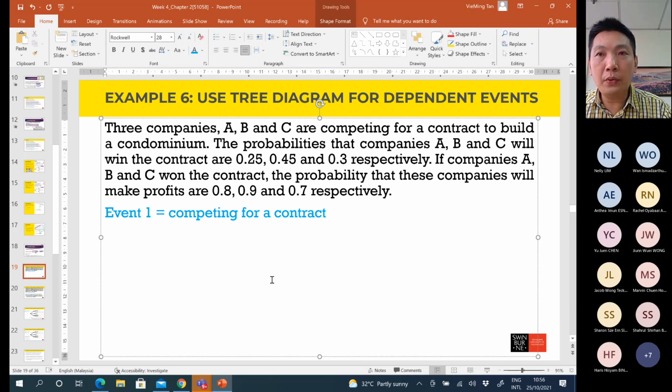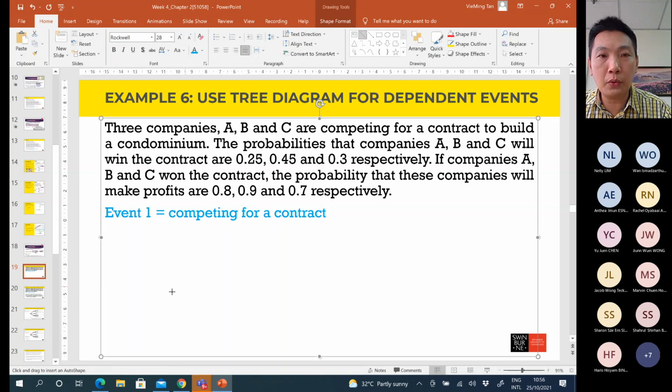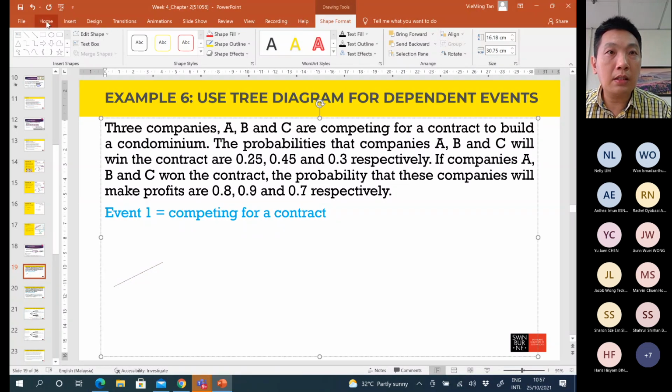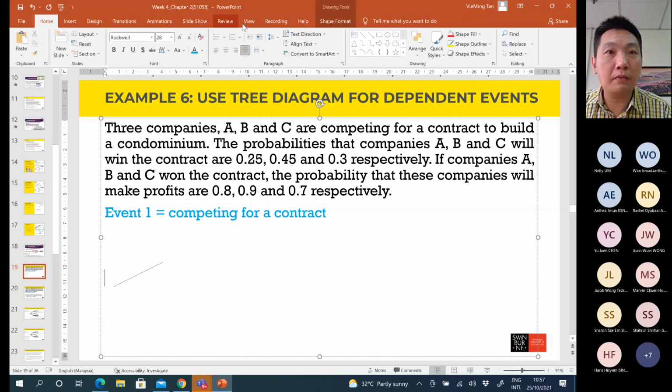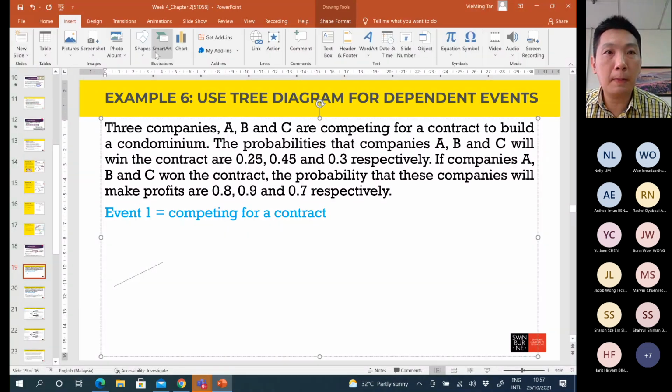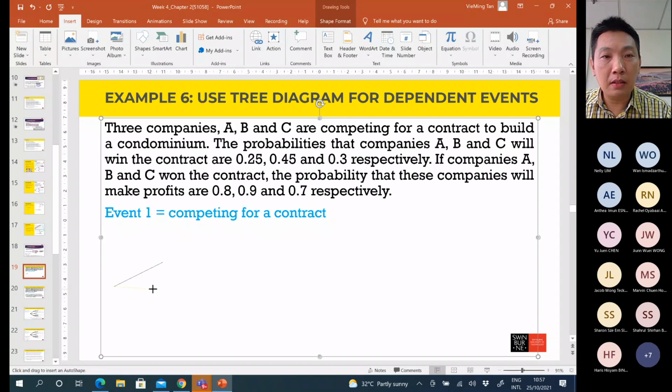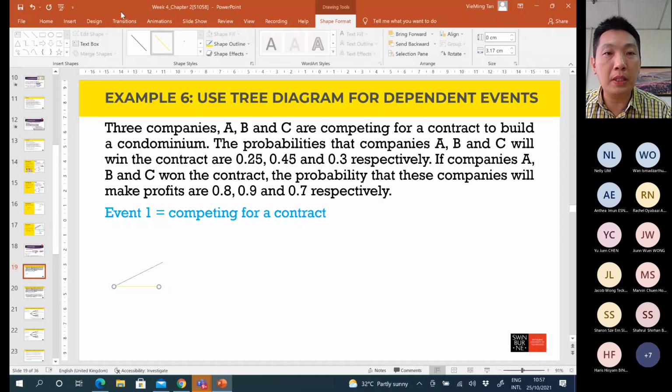So if I draw the tree diagram, the first event here I can try to draw three branches, because we know that there are three companies trying to compete with each other. I use black color. This is only a draft. We haven't answered the question yet, but I just try to draw a diagram to show you the meaning of this question.